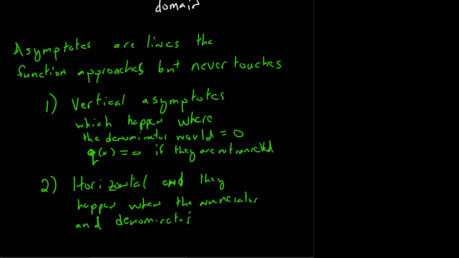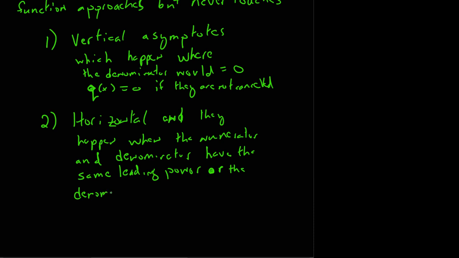A horizontal asymptote happens when the numerator and denominator have the same leading power, or the denominator has a greater power than the numerator. And we'll start building these.